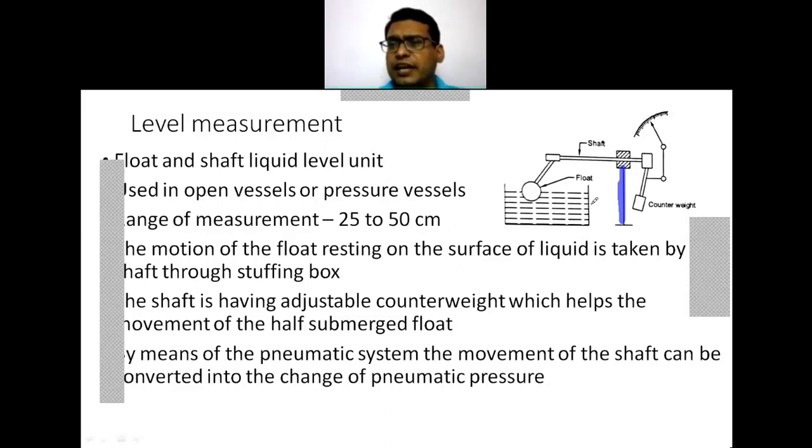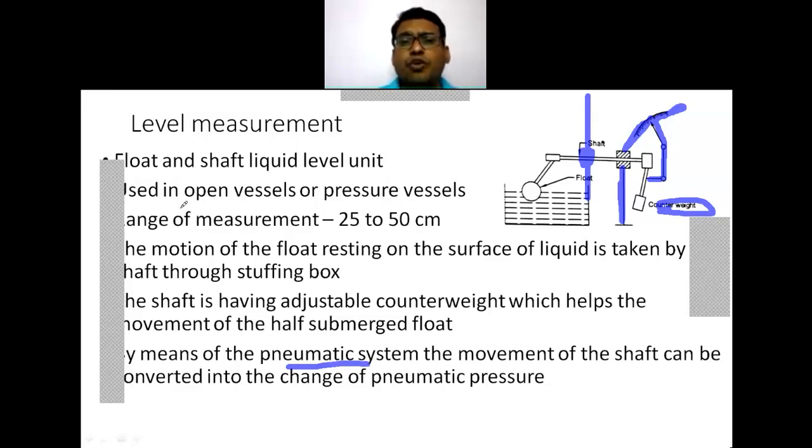If it is inside this tank, there can be a stuffing box to prevent leakage, so rigidity should be held somewhere. Then it is connected to a counterweight so that it can change position easily and conveniently, and then it is connected to a measuring indicating scale, or to a pneumatic system where you will get numerical values.